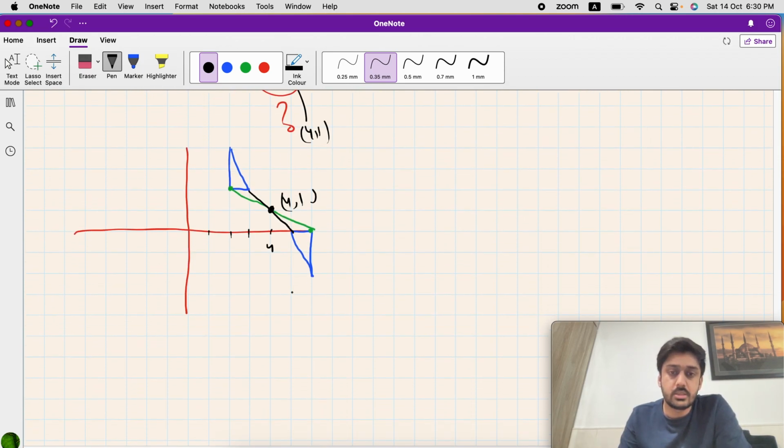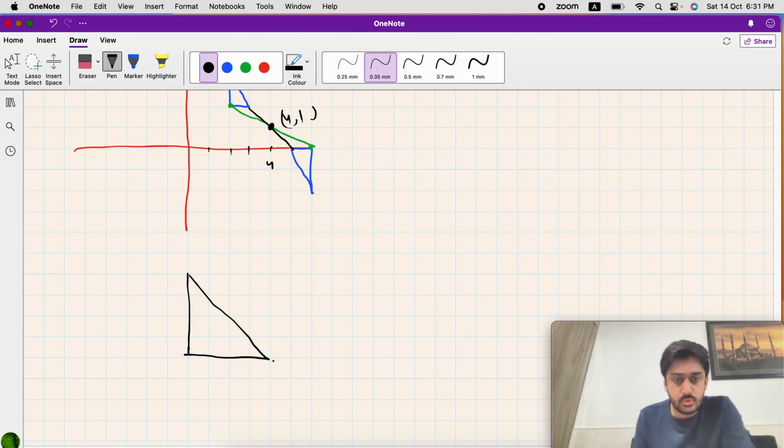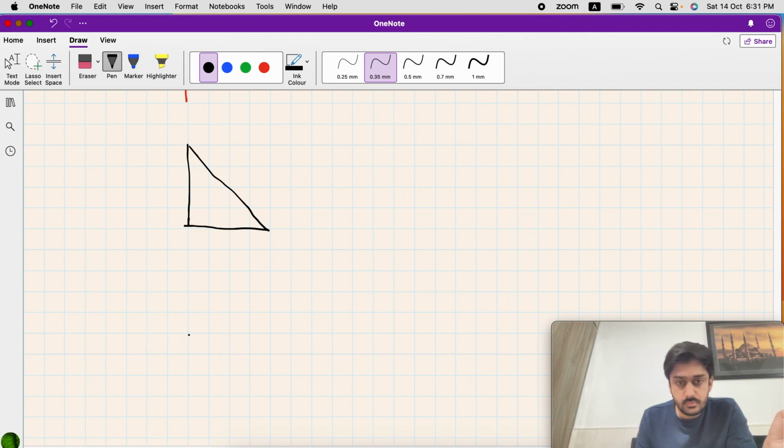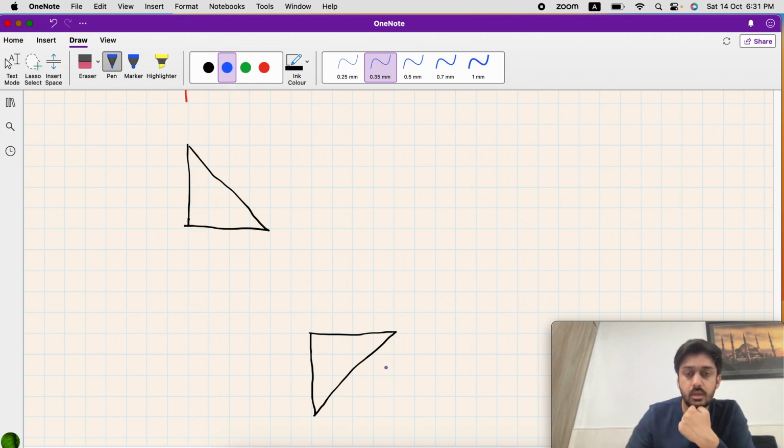For 90 degrees there is one extra step. For example, we have these two triangles, and they look like this. Now join the corresponding two points.